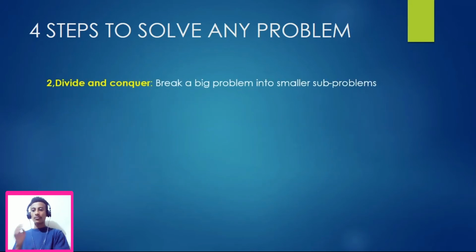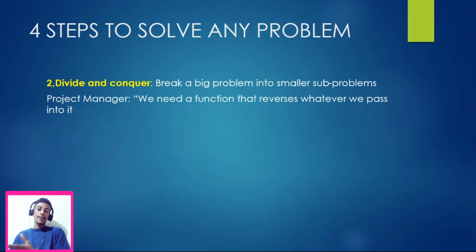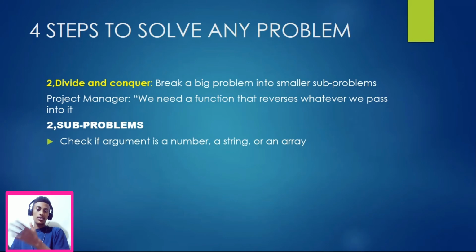The next step is divide and conquer. This is a famous problem-solving technique. Divide and conquer is breaking a big problem into smaller sub-problems. Like in the previous question, the project manager asked for a function that reverses whatever we pass into it. This is the problem.